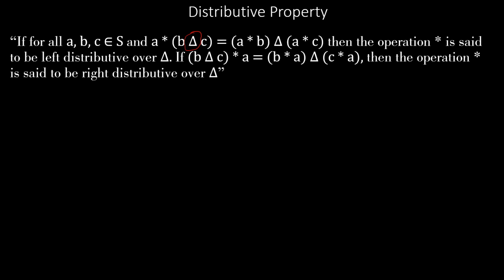To better illustrate this property, we are going to be looking at the operations addition and multiplication. Under multiplication, if you have 1 times (2 plus 3), so here we can say this also equals 1 times 2 plus 1 times 3.